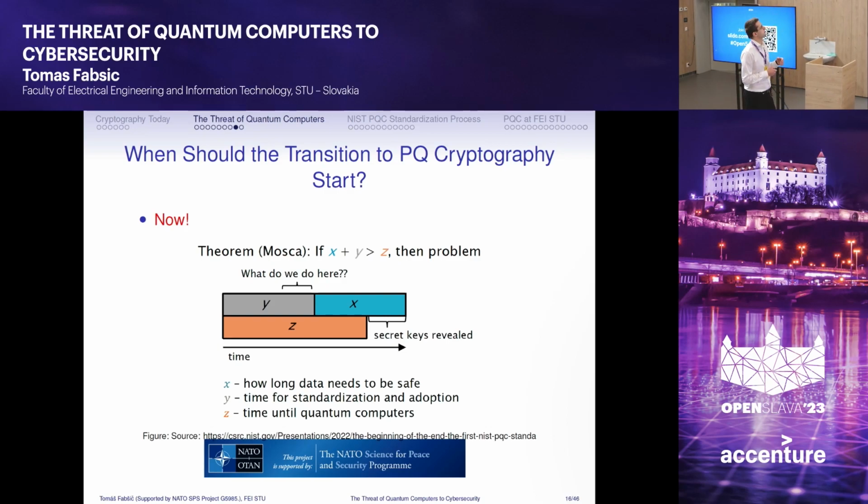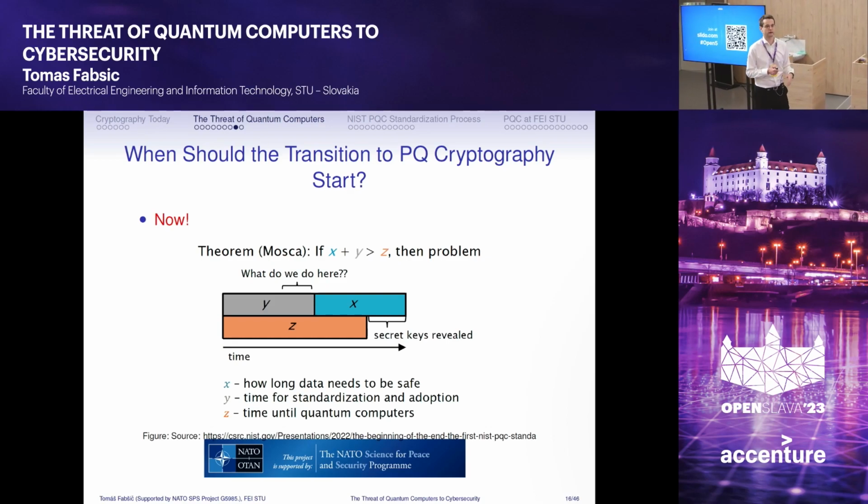This period of time is denoted in this figure by X. For instance, if you encrypt today with, let's say, RSA, and you want your data to remain secure for 15 years, but in 10 years a quantum computer arrives, then you are in trouble. So we need to make this transition to post-quantum cryptography before a quantum computer arrives, and well before, because usually we want to have the data encrypted for some time.